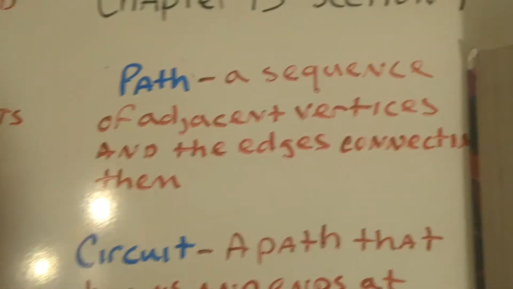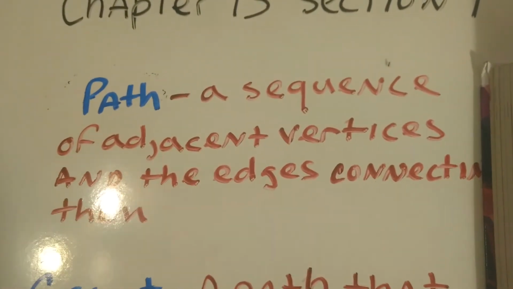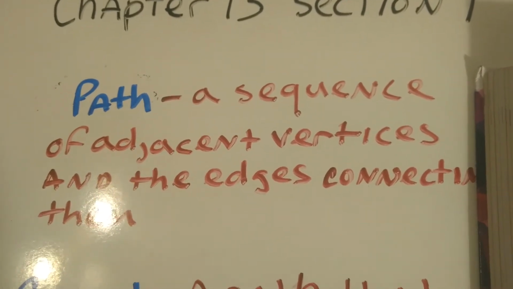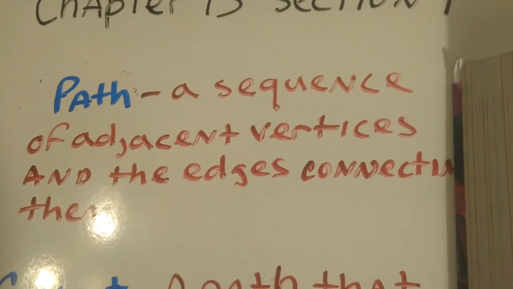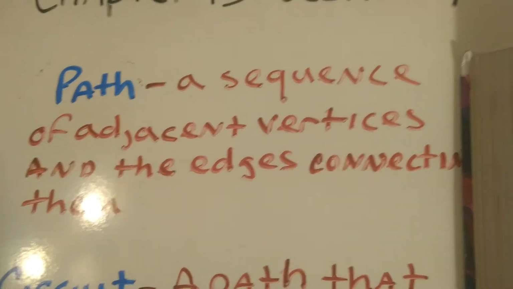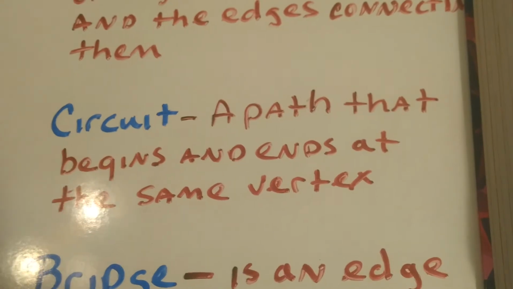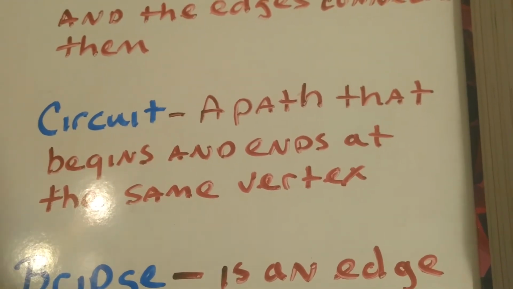Okay? Some other definitions you have to be concerned with in this particular section is we have a path, the definition of a path. A path is a sequence of adjacent vertices and the edges connecting them. So really a path is nothing more than a line or an edge. Okay? A circuit is a path that begins and ends at the same vertex.